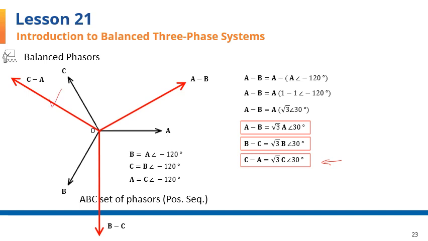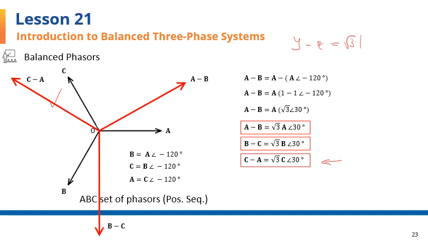The takeaway is that in a positive sequence balanced three-phase set, subtracting any phasor X from another phasor Y to write them as Y minus X results in a phasor that has a magnitude that's square root of 3 times the magnitude of either phasor.